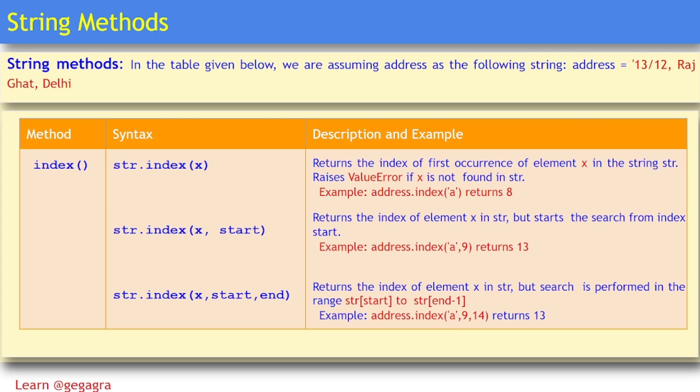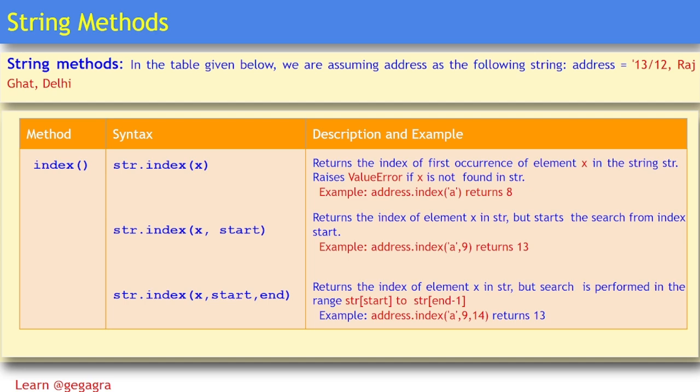Index 8 is a, 9 is j. After 9, a will be searched: 10, 11, 12 and 13. So on 13 you'll find the next a. This is how the result is 13.